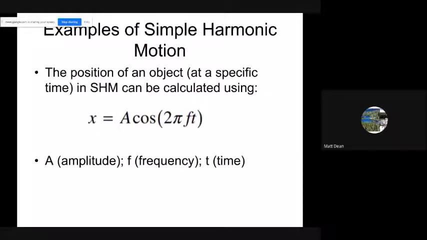One other thing we can calculate, if we need to know the position of the object at a specific time, is we can multiply the amplitude, that's the maximum displacement, times the cosine of the quantity 2 pi times frequency times time. And that will give us the position of the object at a particular point in time.